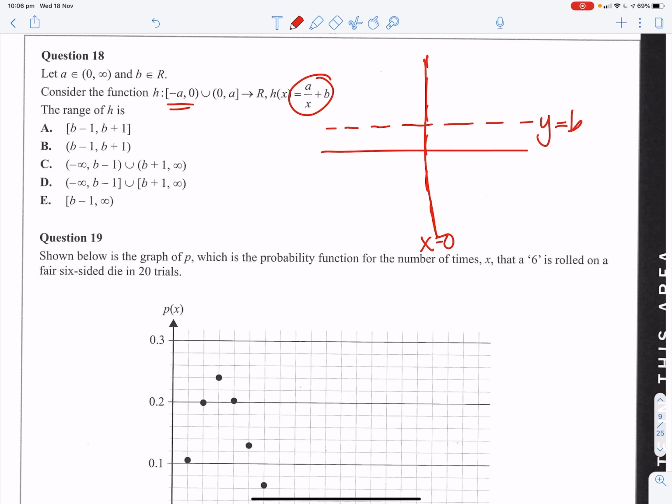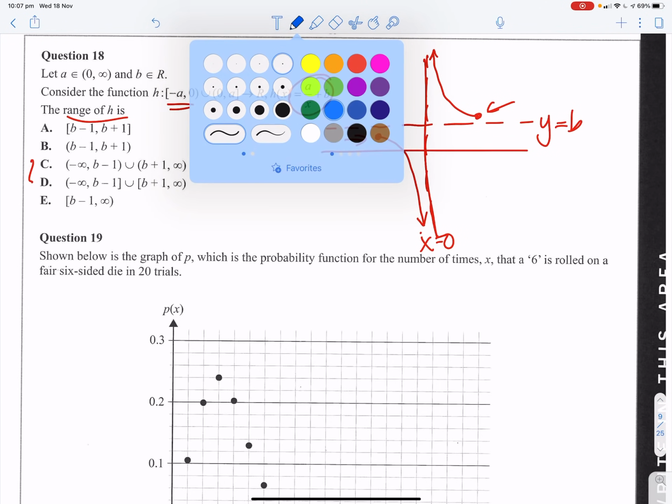The graph is defined from -a to 0 and from 0 to a. So we know the range is -infinity to that value and that value to infinity, so it's got to be one of these two.